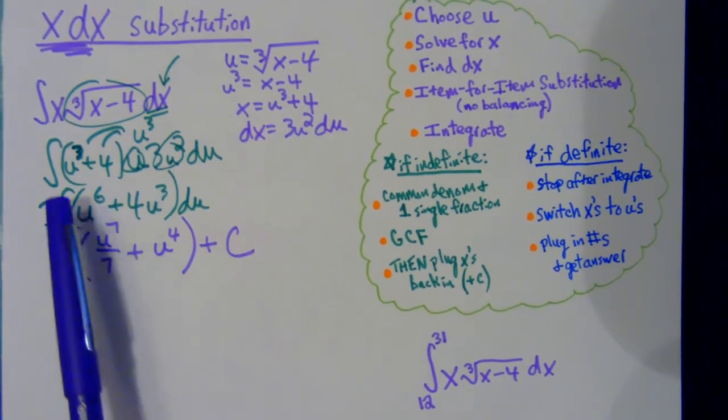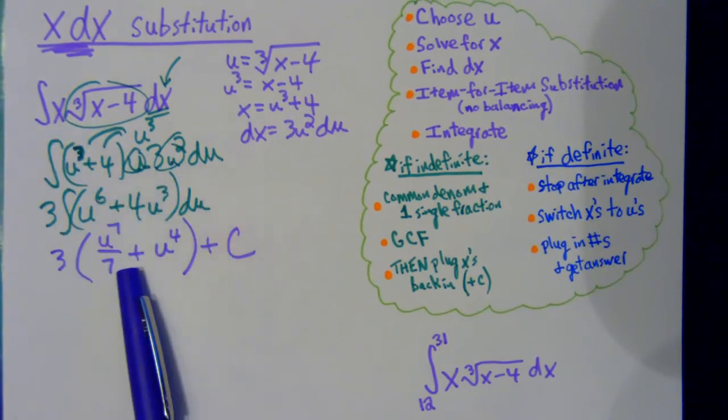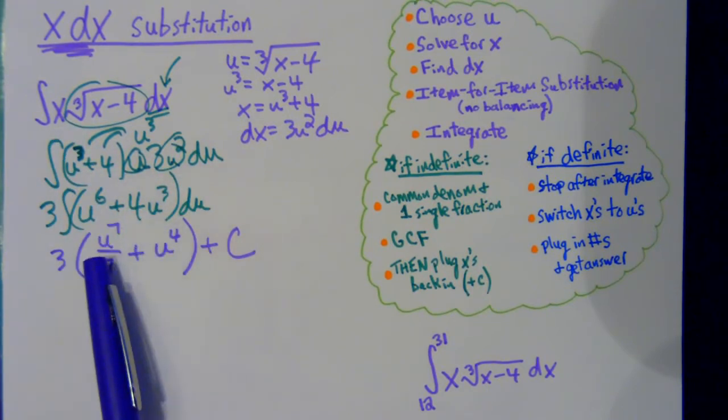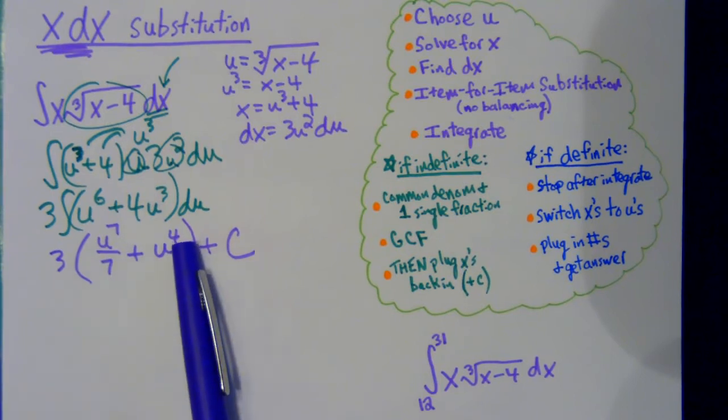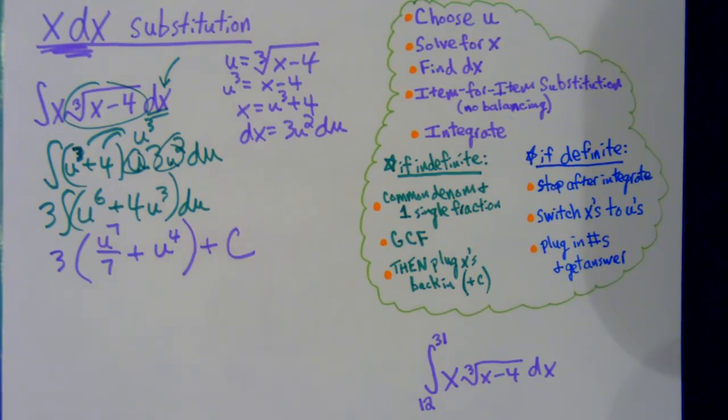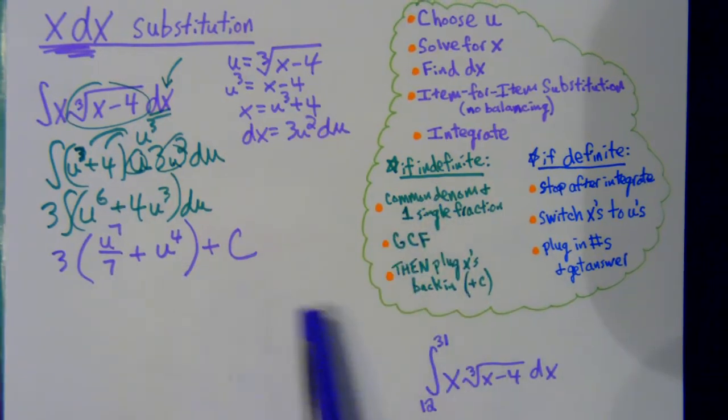On an indefinite integral, you don't want to plug your x's back in too soon, because then you're going to have something to the 7/3, something to the 4/3, and you're going to have to do those tougher factoring problems. We don't need to do that if you follow these steps I'm going to give you. So I've got 2 examples here.